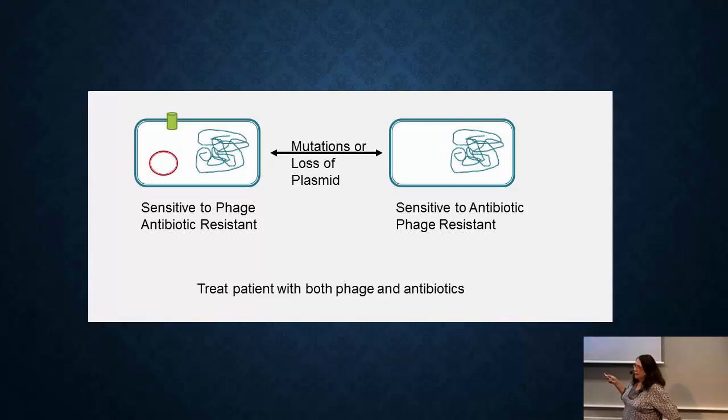If that cell mutates, it will lose the efflux pump, so it becomes resistant to the phage, but now it's sensitive to the antibiotic. So what they tried was to treat the patient with both phage and antibiotics. So it had no escape, so to speak. They could attack on both sides. And this worked. It was one patient, one time, etc. So it's very new research.